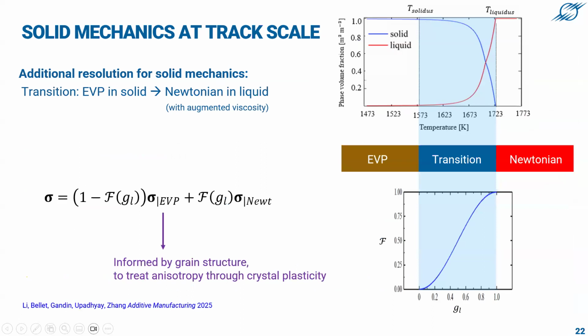For this, we proceeded like we did in casting, actually. We make a transition between behavior in the solid, let's say below the solidus, which is elastic viscoplastic, and up to the liquidus, which is Newtonian. This transition can be formalized by a transition function that is a function of the liquid fraction.